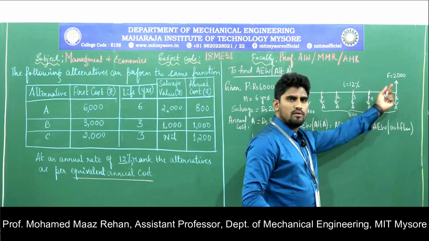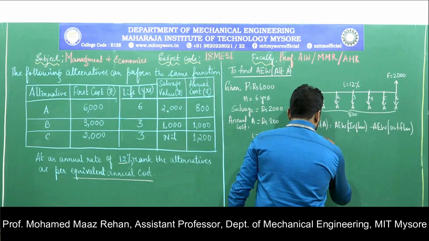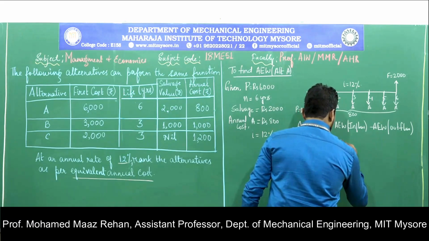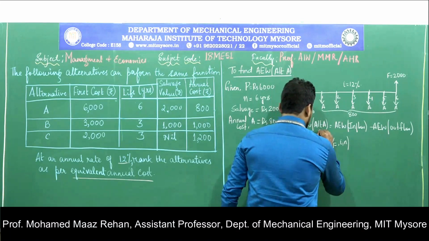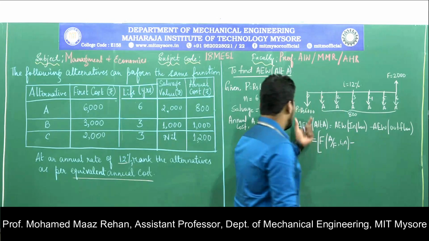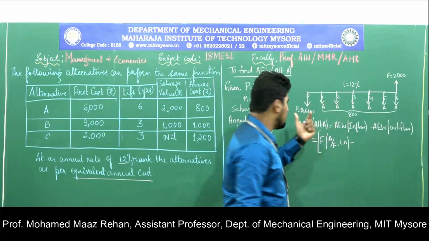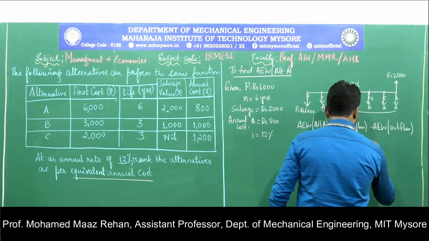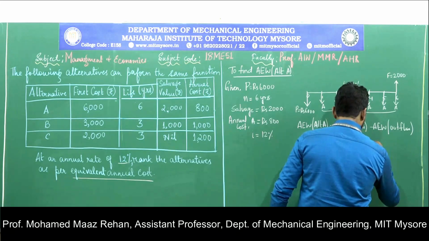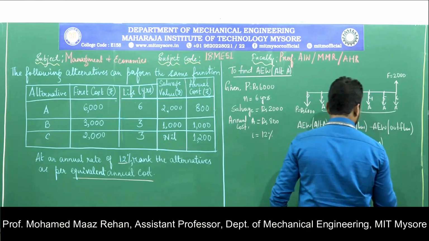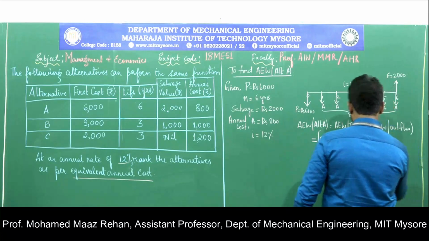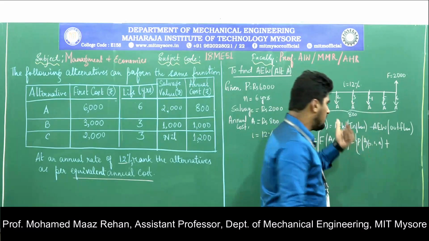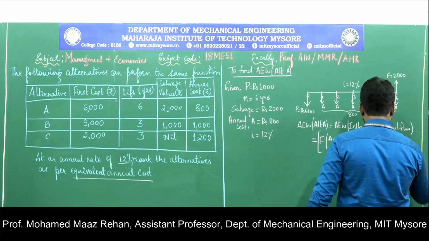So this we need to convert to A. How to convert? We know F; to find A when F is known, (A/F, i, N). This is only the revenue. Minus cost: we have P, we need to convert to A. We know P; to find A when P is known, (A/P, i, N). Plus the annual cost, which is already converted to A, so no need to convert further; you keep it as it is.